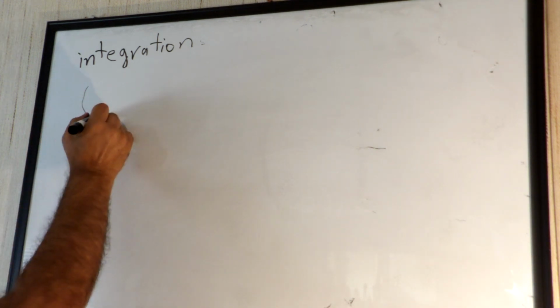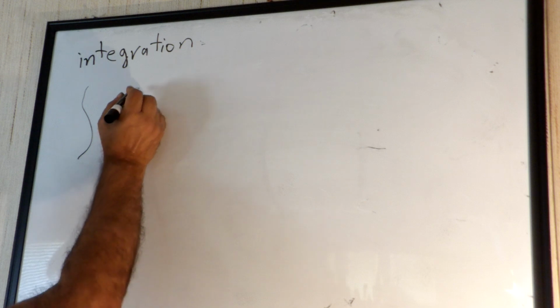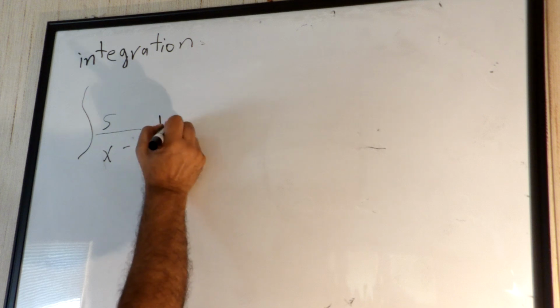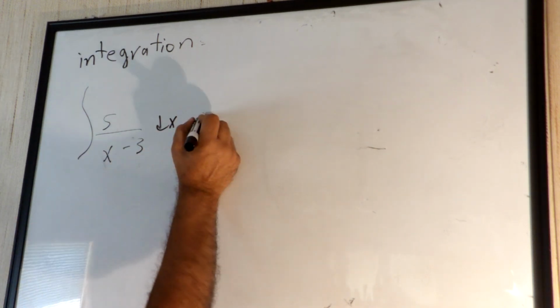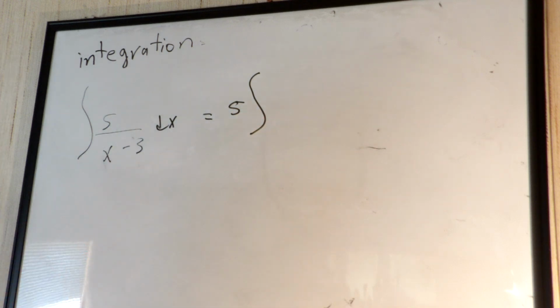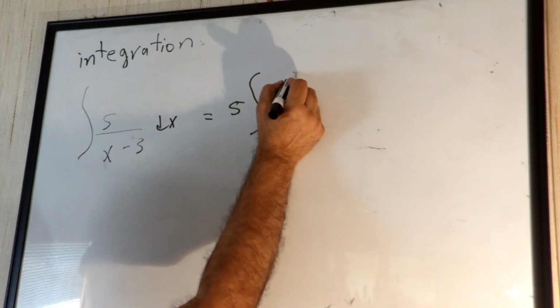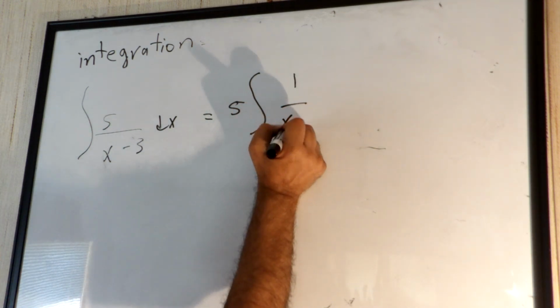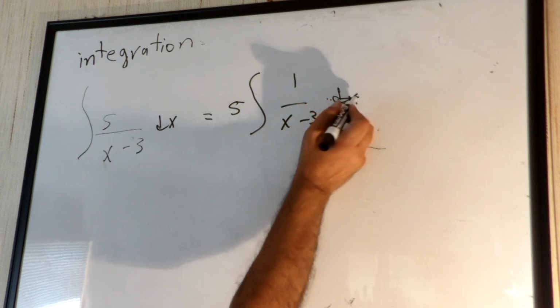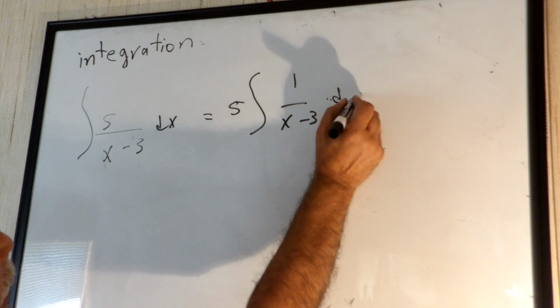Let me give you another example. If you have something like this, 5 divided by x minus 3, how do you solve this? Okay, you can write the 5 in front and say 1 over x minus 3 dx.